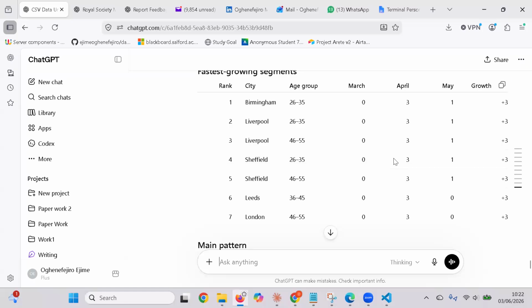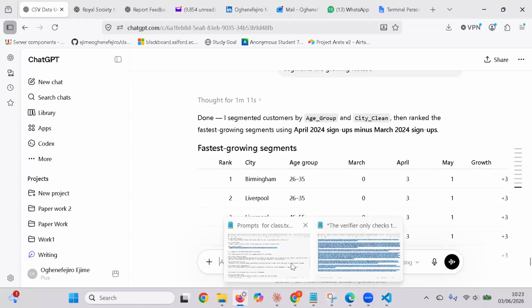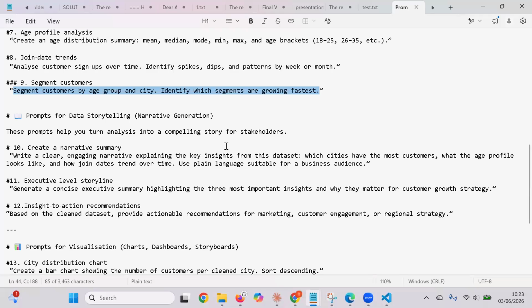Take for instance, if I'm asked to create a report like this now, I can submit this to my boss and he will think that I've done a very good job because these numbers are really matching. But I didn't actually do it in depth. The only thing I did was to think, which is what I'm always emphasizing anytime we are taking this program.